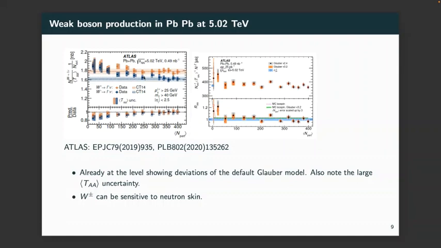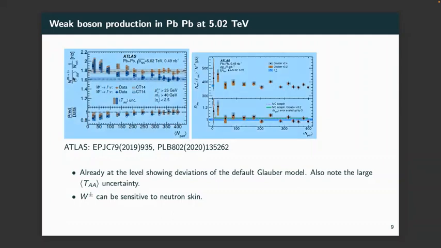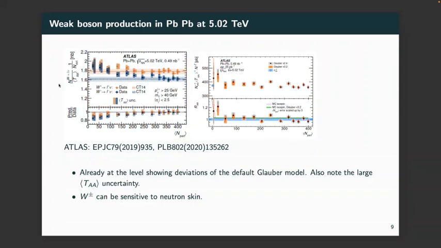And you have very large uncertainties coming from the determination of this number of binary collisions, because these ratios are always model dependent. You come up with a global model to generate your expectation and then check whether the expectation is correct by measuring these W productions. But you start to see some deviations, and the level of uncertainties may facilitate some fine-tuning of the global modeling in the future. A similar case is true also for Z boson productions.